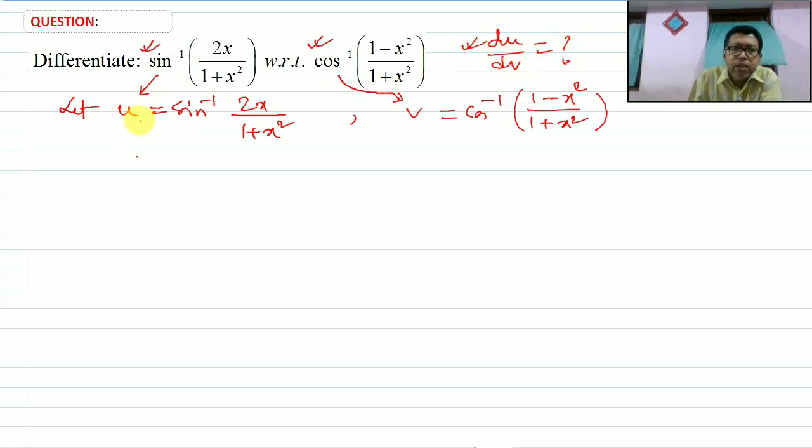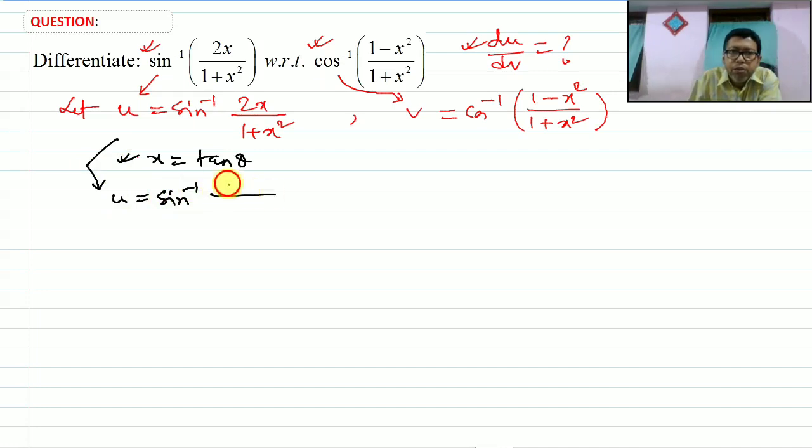Now, first of all, you could find du/dx, or you may substitute x by a trigonometric function, which will be better. I want to substitute x by tan theta. Put x is equal to tan theta, so that u will be sine inverse of 2 tan theta divided by 1 plus tan square theta.